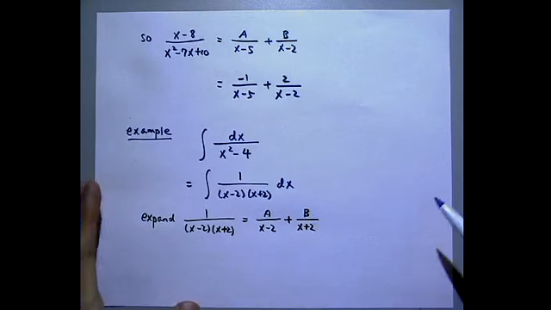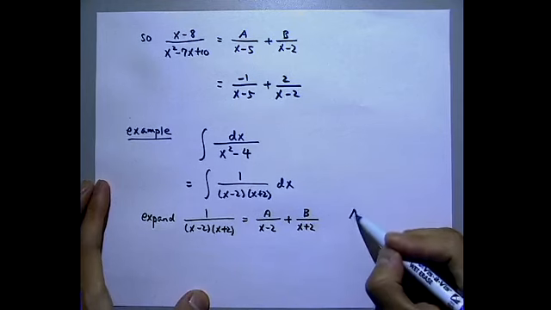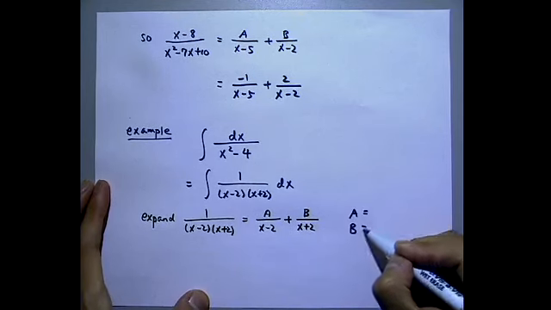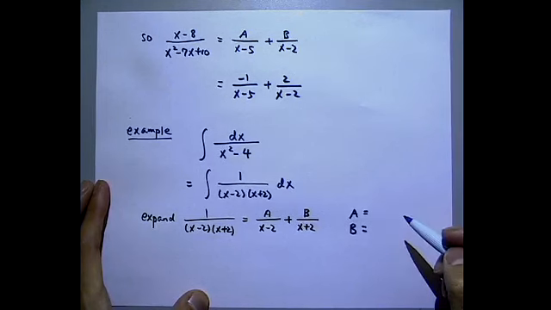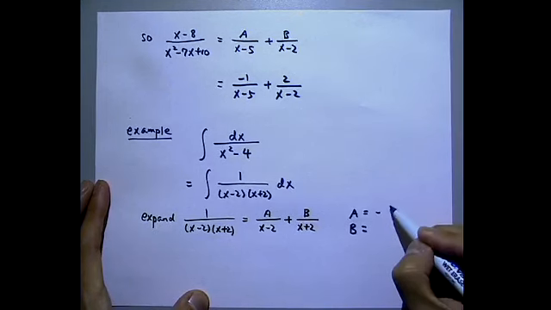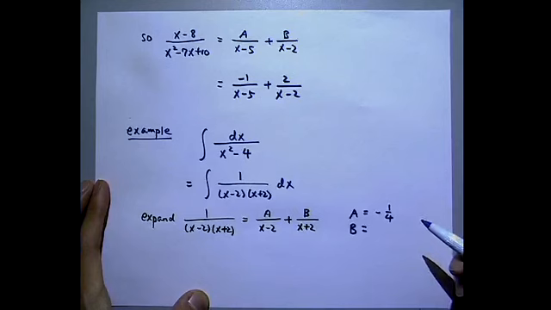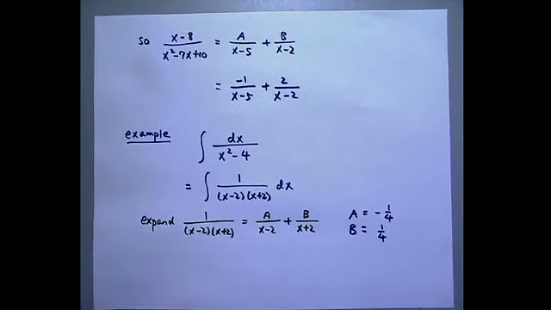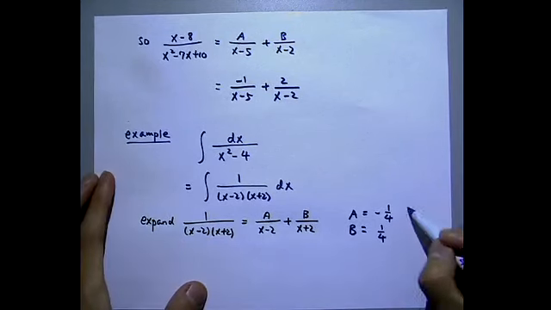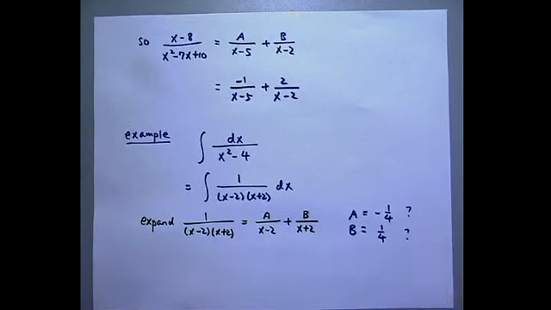All right, who got an A and a B? What'd you get? Which one's A? Negative 1/4 and B? Do you agree? What else do you have?